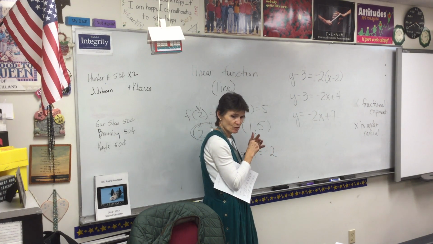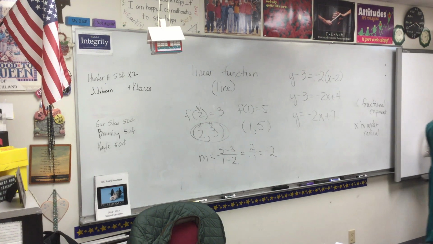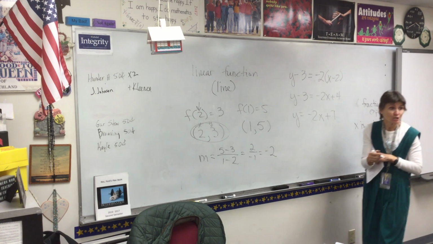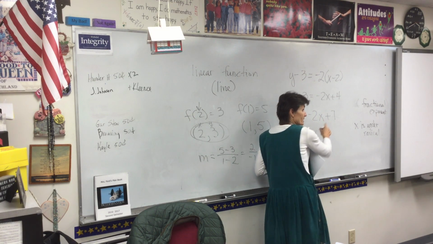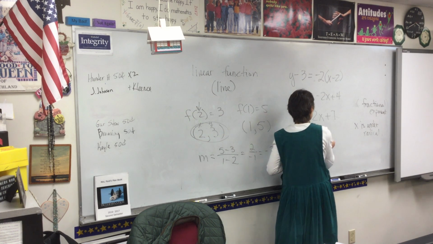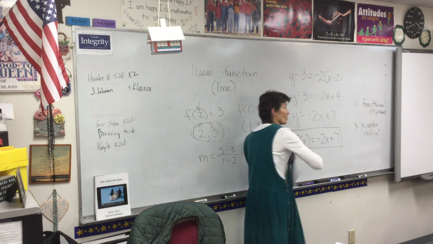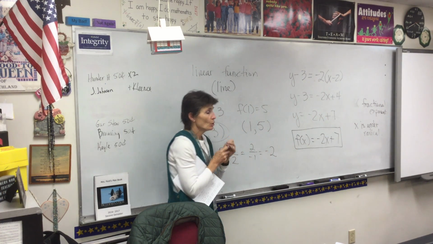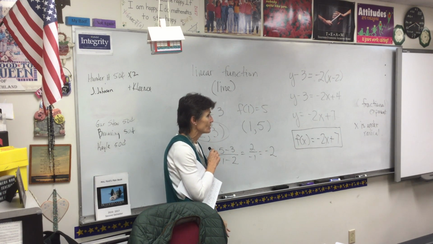Now, here comes the tricky part. The directions, which you don't have, I wrote them yesterday, but I haven't written them up there. The directions said, write the linear function. So instead of writing y equals -2x plus 7, we're going to say f of x equals -2x plus 7. That's our linear function, which is exactly the same as a line. We just use function notation.